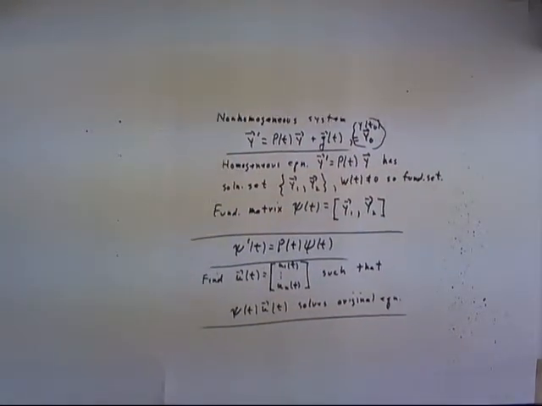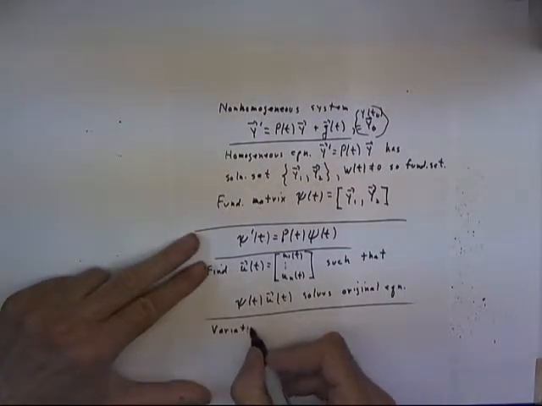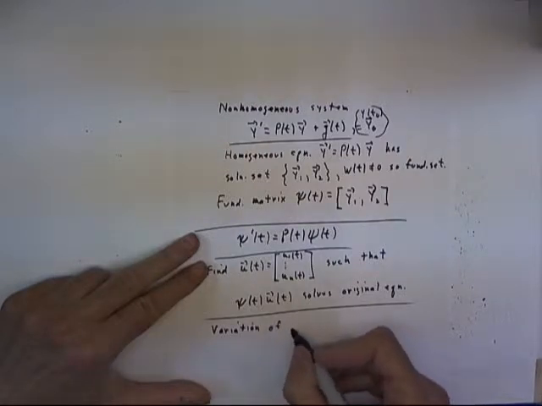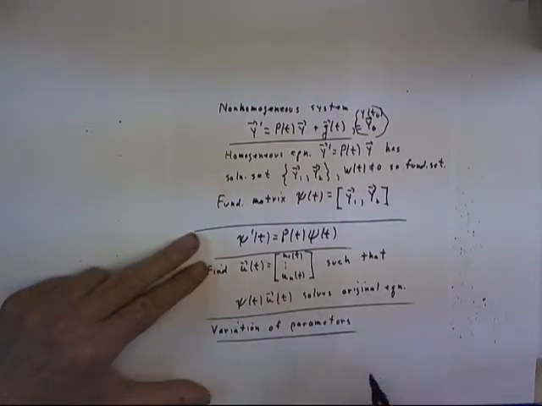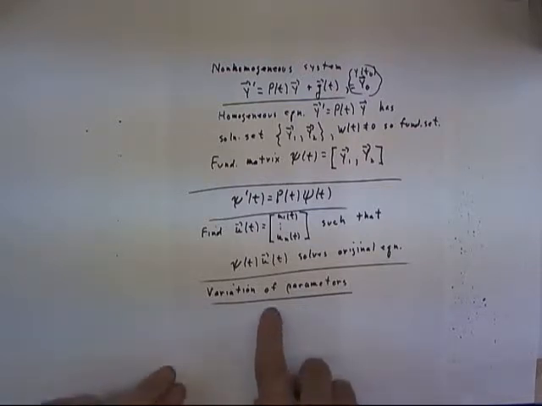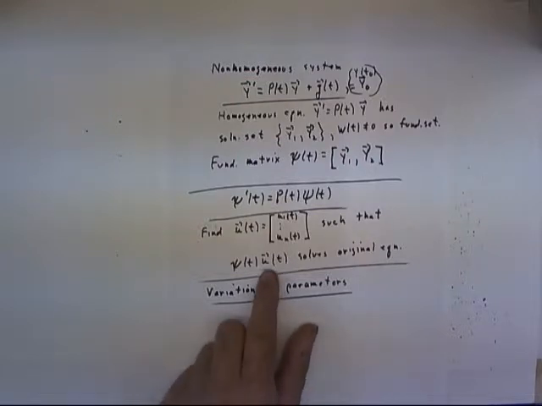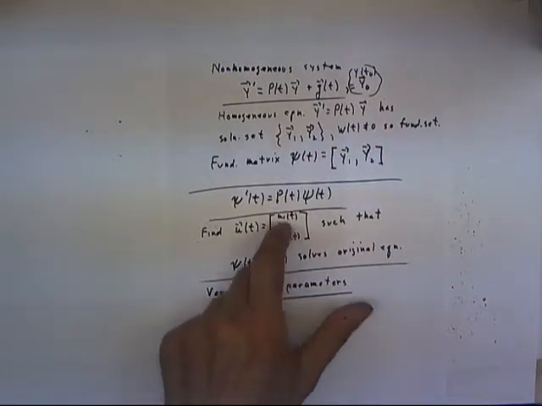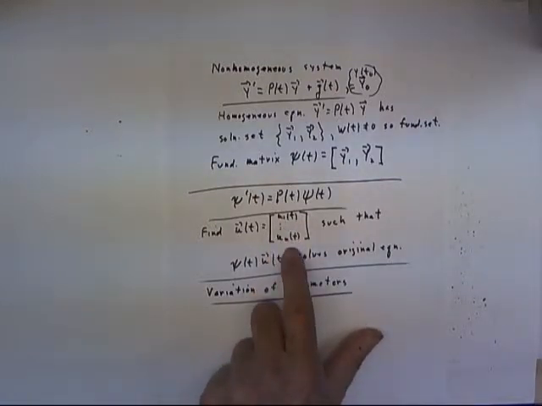And this is just very similar to what we did before. This is a variation of parameters. And if you understand the variation of parameters method that we developed previously for single equations, it's not difficult to see why we call this a variation of parameters. We're just trying to find a parameter function u, which has a bunch of components, each of which is a function of t.